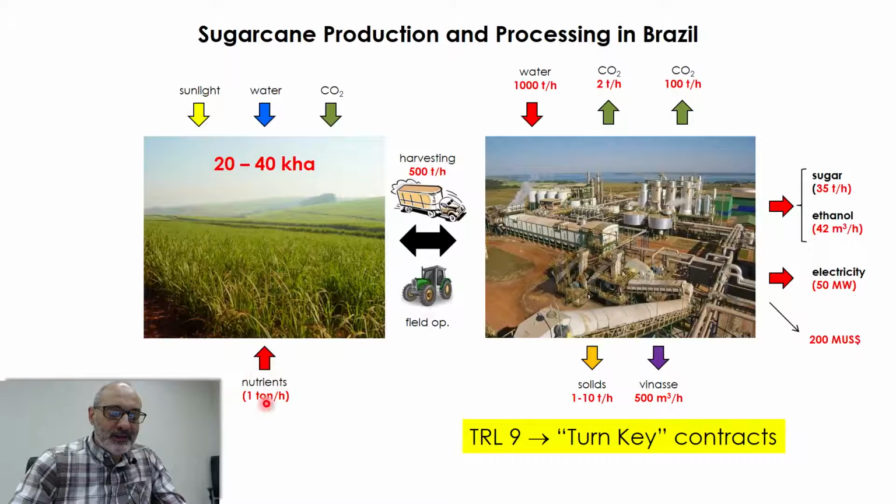These plants are removing 1 ton per hour of nutrients. So if you don't do anything, in 4 or 5 years, this is going to become a desert. So you have to send back the nutrients. You have to take them back to the fields in order to maintain productivity.